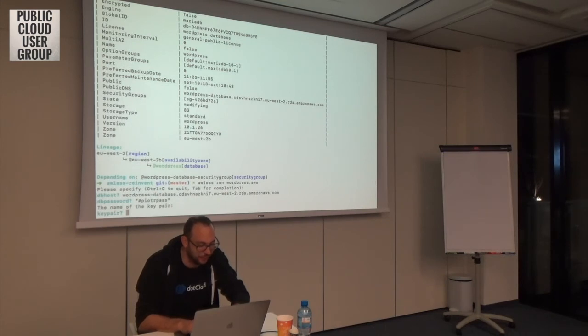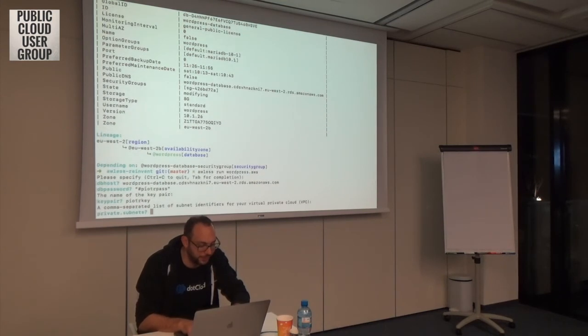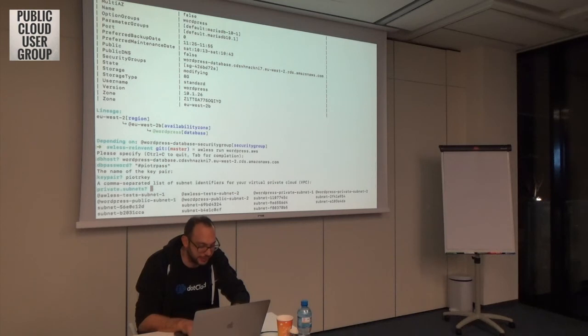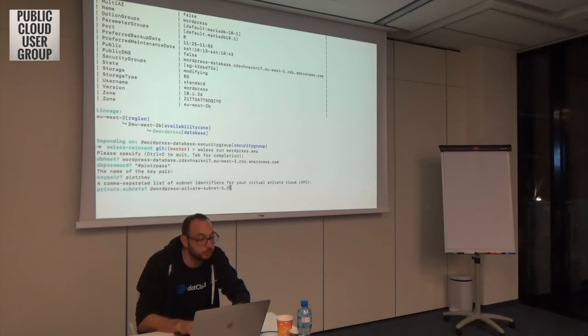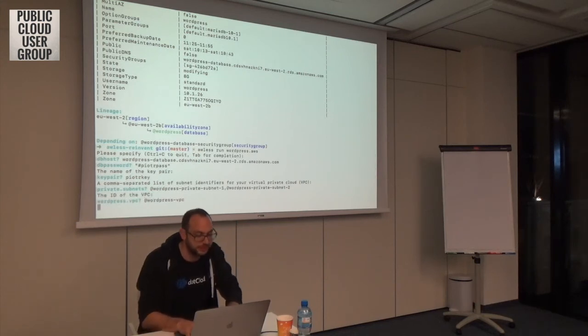Okay, and the name of the key pair is Piotr Key. Then my private subnets: WordPress private subnet 1, and the other, we support comma-separated lists as well, WordPress private subnet 2. Okay, and the VPC is WordPress VPC.